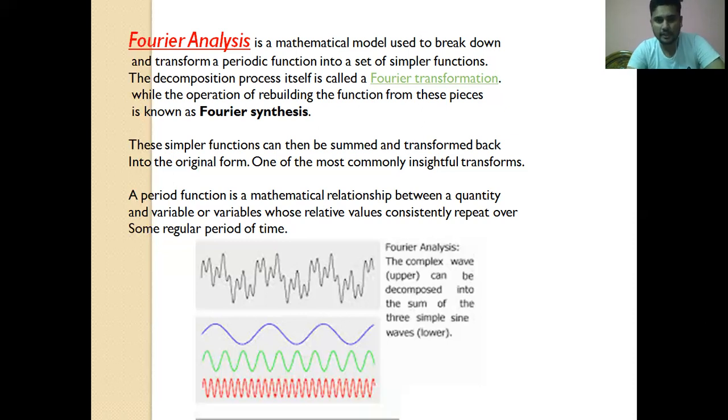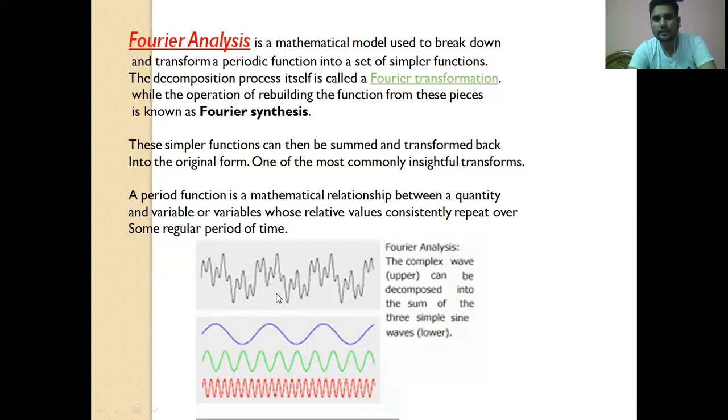So you can observe this diagram. In Fourier analysis, the complex wave at the top can be decomposed into the sum of three simple sine waves. This one is the wave propagation.